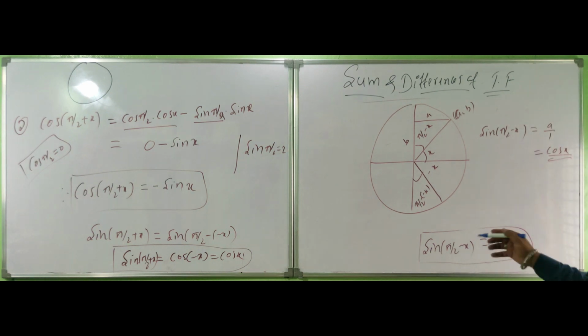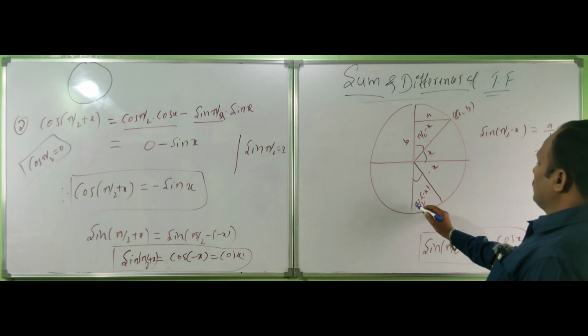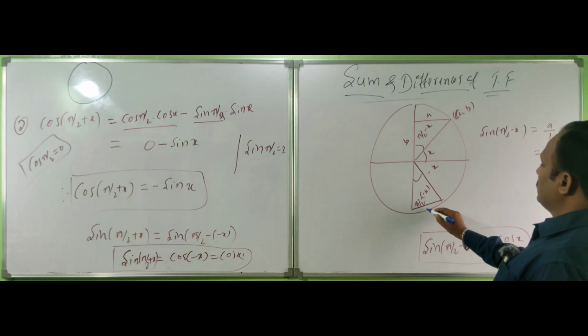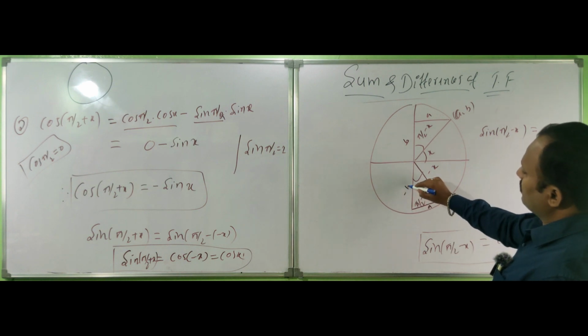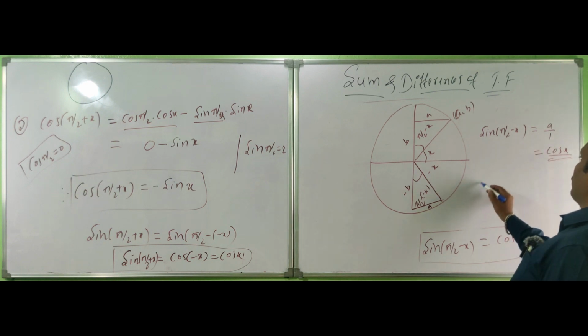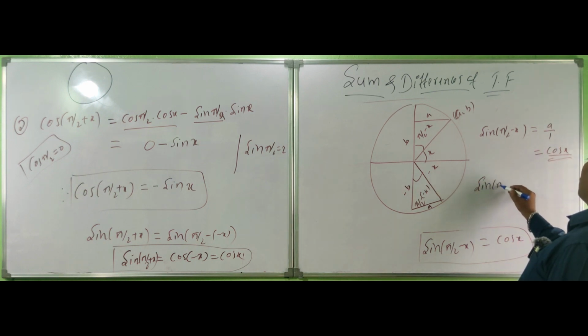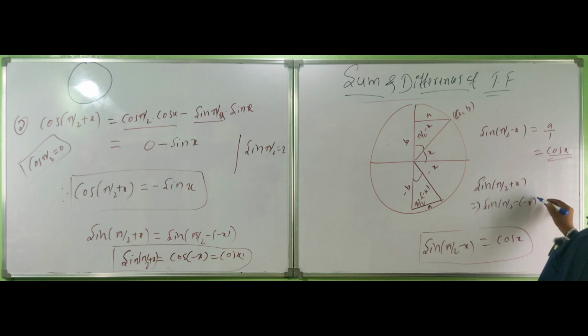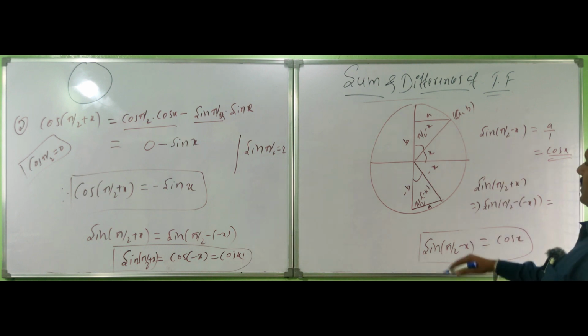So again, minus of minus x. Okay, sir, this is the A, this is the minus B. What do you want? You want sin of pi by 2 plus x. I am writing this as sin of pi by 2 minus of minus x. So this gives, what is sin? Opposite by hypotenuse.